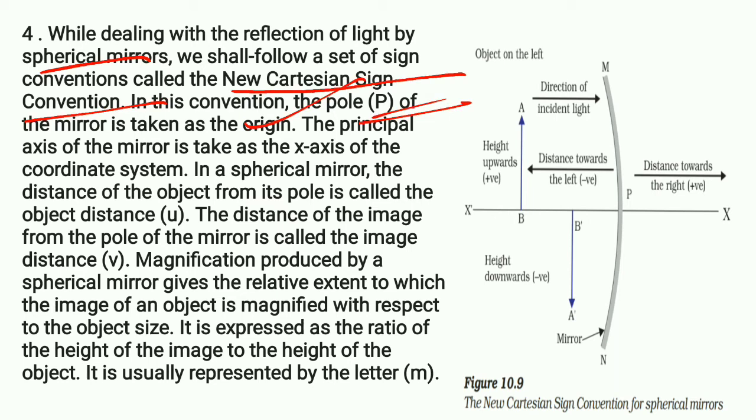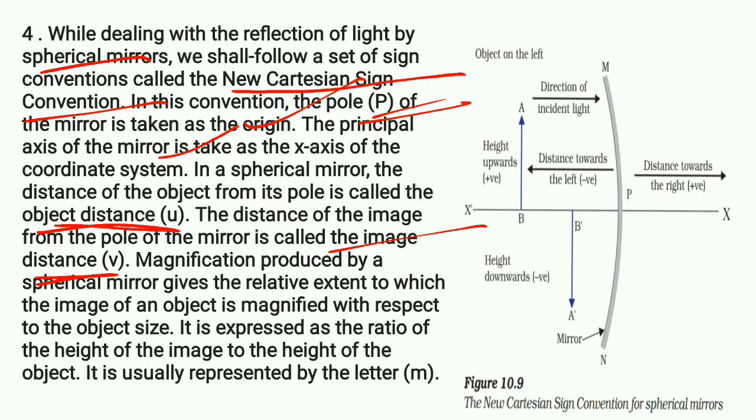The principal axis of the mirror is taken as the x-axis of the coordinate system, right? In a spherical mirror, the distance of the object from its pole is called the object distance. The distance of the image from the pole is called the image distance, represented with the letter v.